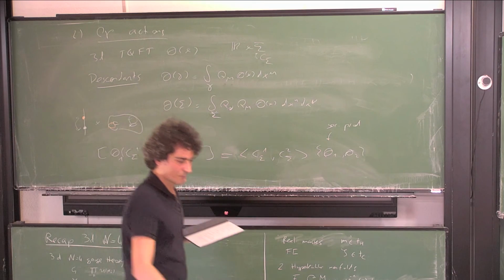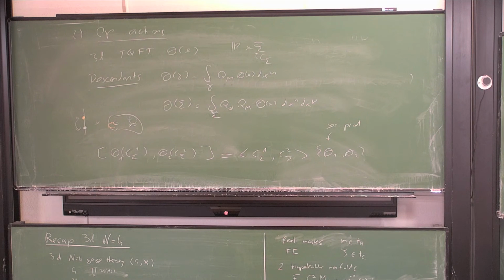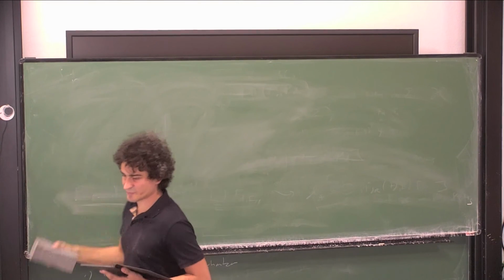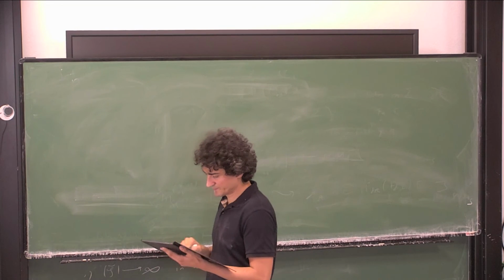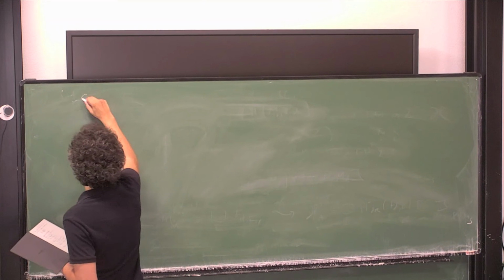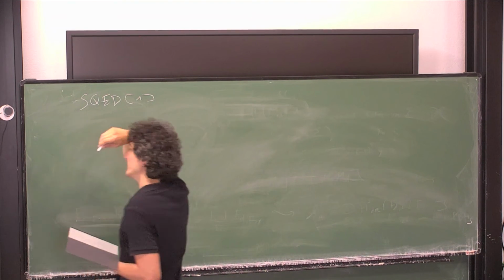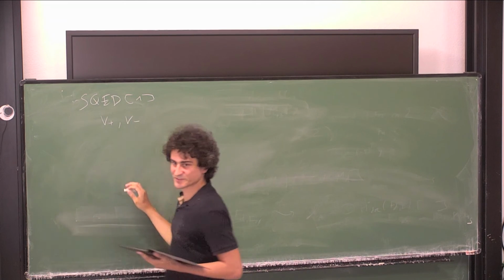And so what you realize, for example, is that this thing here gives rise to nice algebras that act on the space of states. And in particular, if you look at my example of super QED1, we have 2 local operators. They're monopole operators, V plus, V minus.